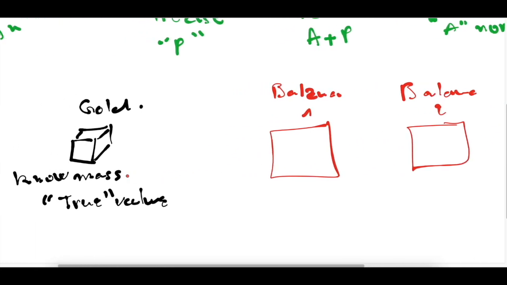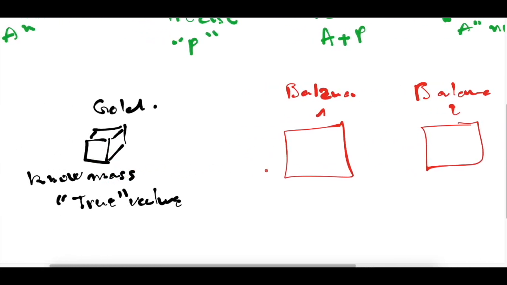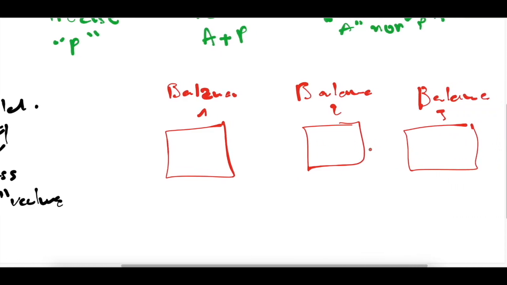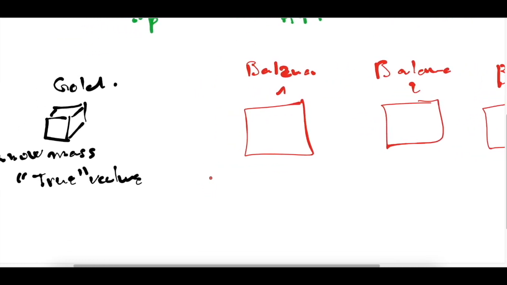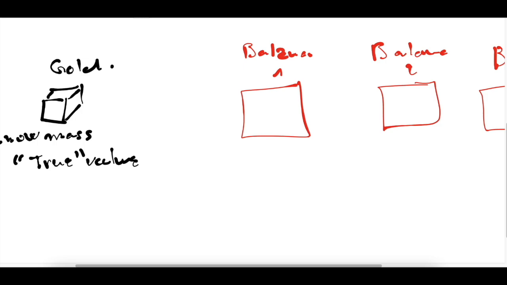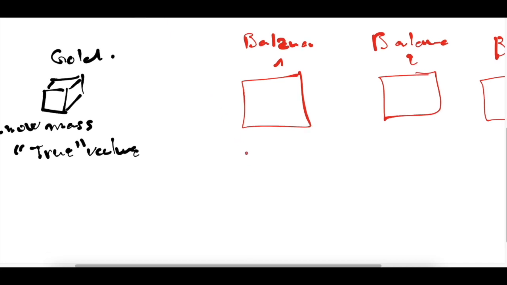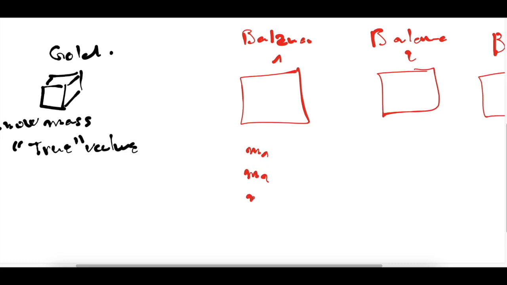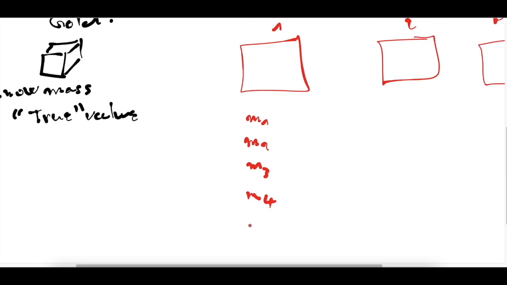So we'll measure the mass of this gold with each balance. Of course, the three balances have different characteristics. And with each balance, we'll measure the sample 5 times. So we'll have 5 values or 5 masses: a first mass, a second mass, the third, fourth, and fifth mass.